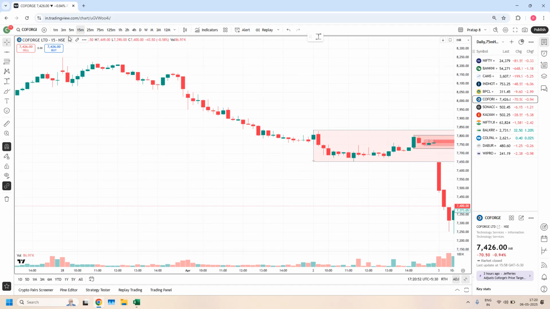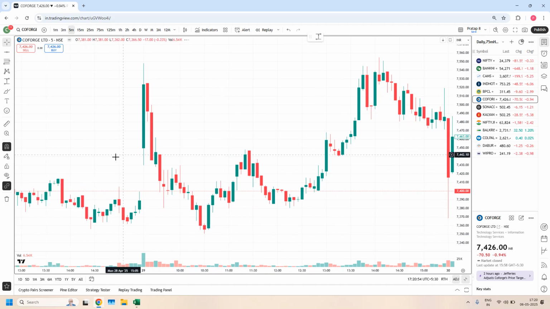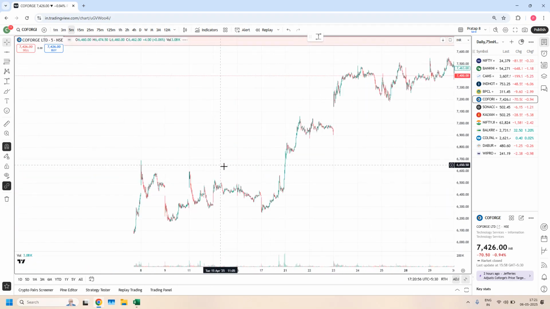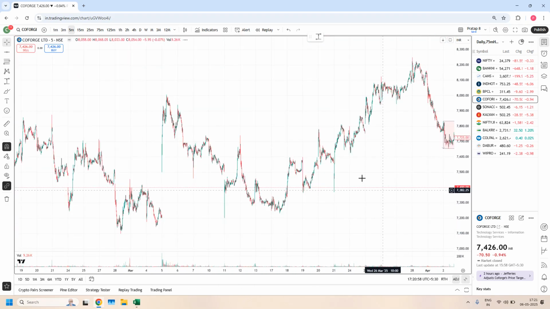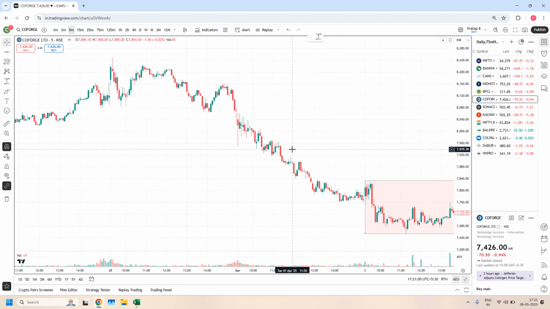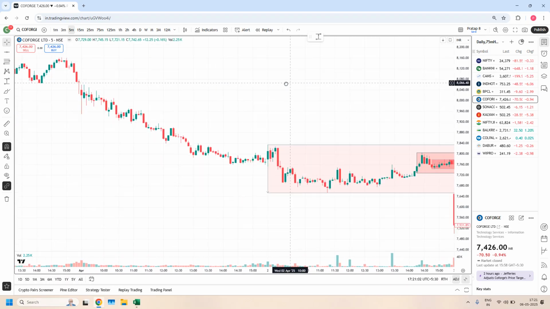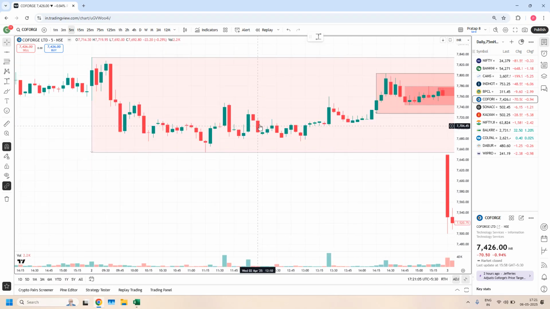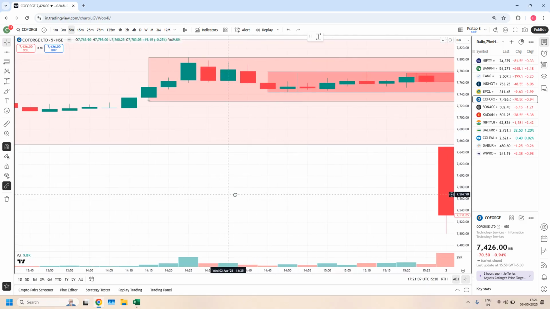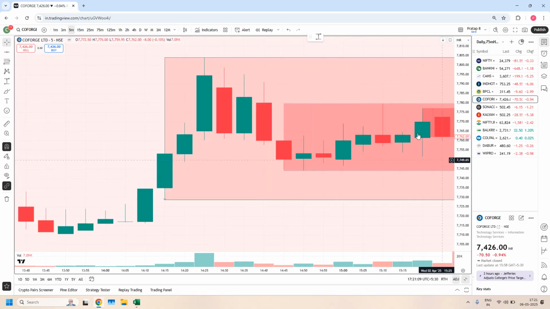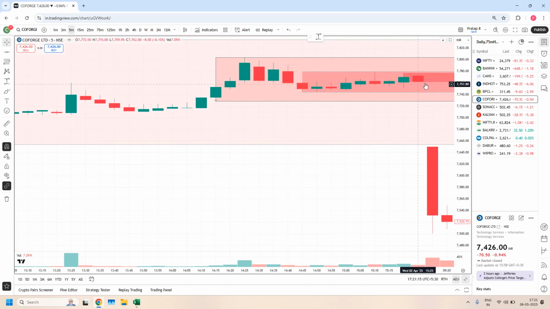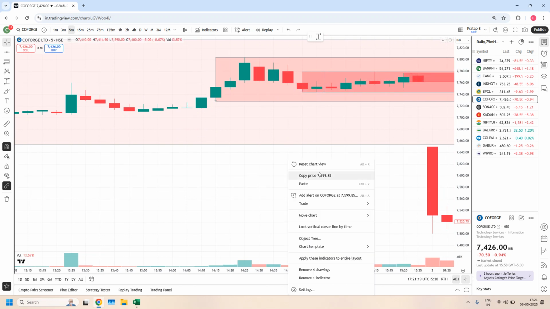Within this 15 minutes, again go to the 5 minutes time frame. So I consider this as a large candle, base candle, and a drop candle. That way this is the fine tuned 5 minute zone.